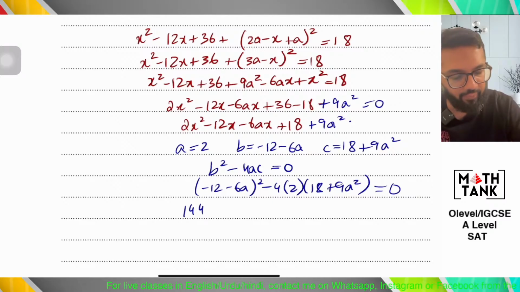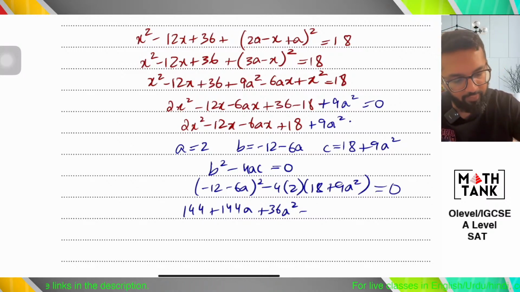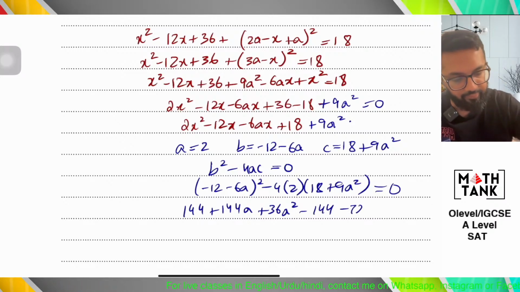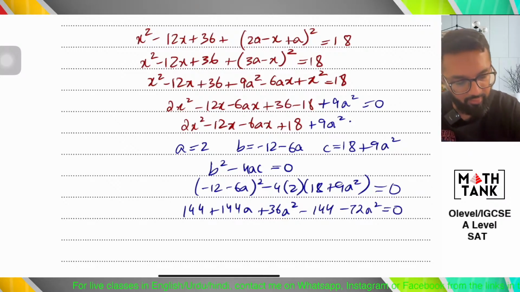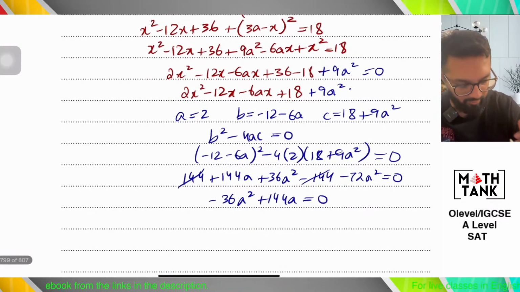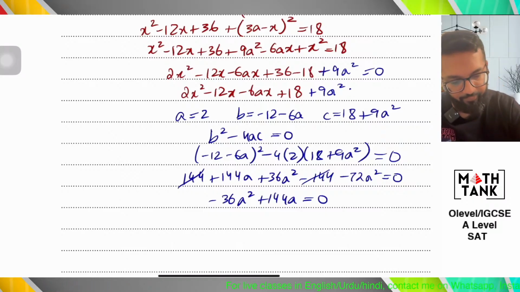Okay, so 144, 12, 6, 72, 144, a plus 36, 8 into 18, 44, 8 into 4.